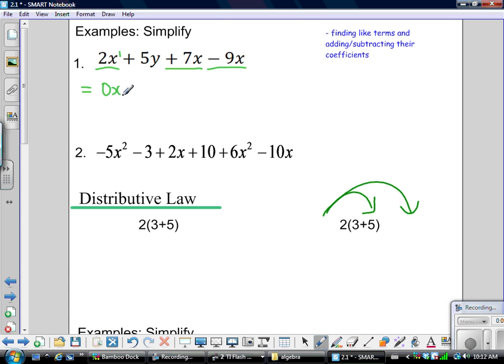Now I look to see what other terms go together. The only other thing I have here is a plus 5y. There's nothing else that goes with it, so it's a plus 5y. I'm not going to leave it in this form because I just have 0 x's, so I'm just going to put 5y. That's my final answer.